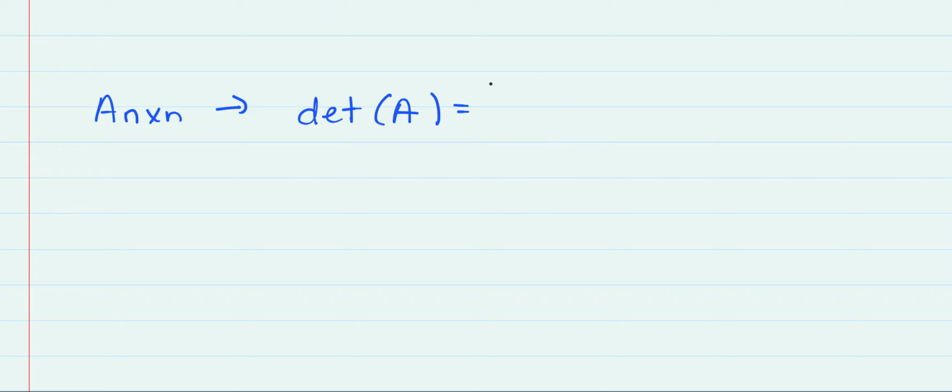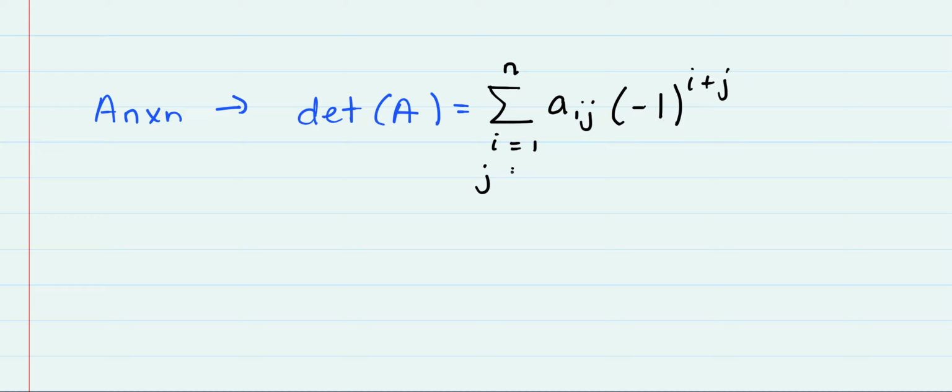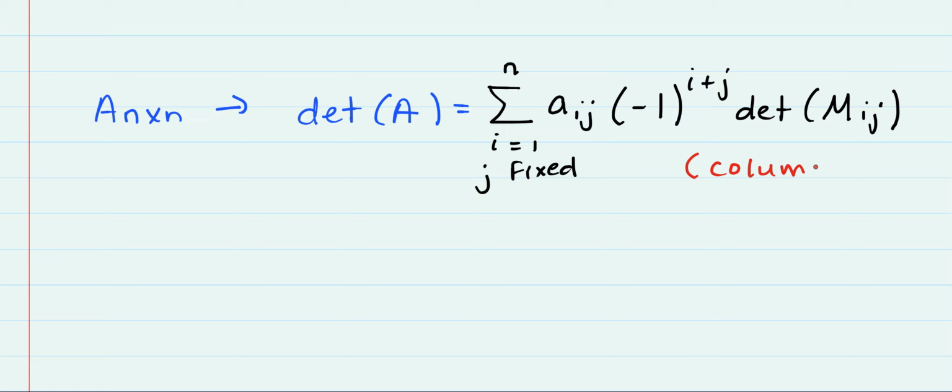The first way is you're going to take the sum from i equals 1 to n of Aij times negative 1 to the i plus j. j here is fixed. And then multiply this by the determinant of Mij. We'll go through all of this in a minute. This definition is if you go down a column of A.